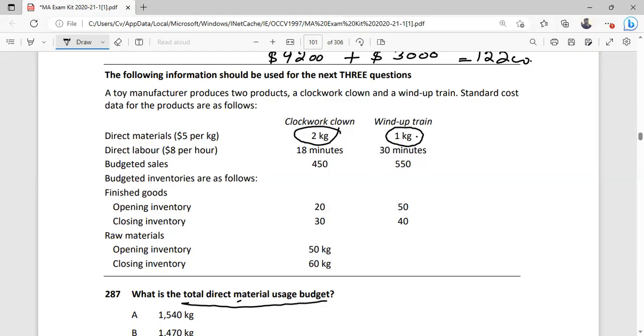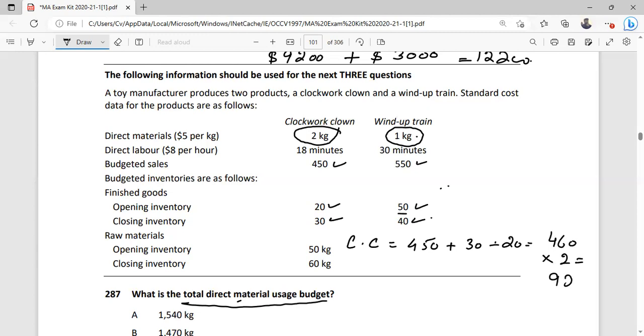Budgeted production units are not provided, but sales, opening stock, and closing stock are provided, and similarly for the other product. So we can calculate production units for both the products. Production is equal to sales plus closing inventory minus opening inventory. It's 460 into 2. It is 920 kg.